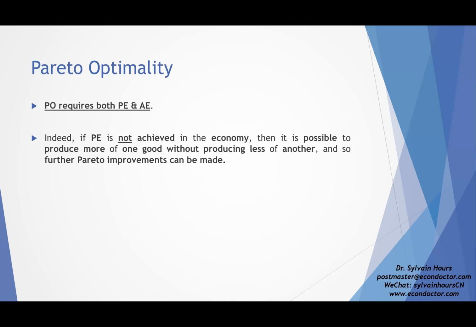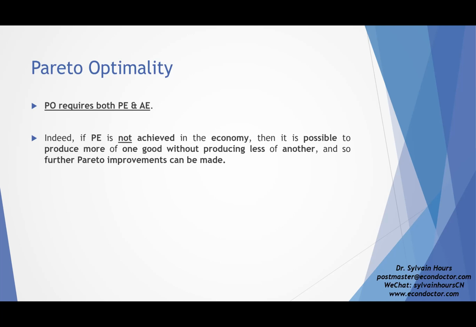Allocative efficiency. If you do not have allocative efficiency, this means that you have not maximized total surplus. Think about the total surplus as a big cake. If you are allocatively inefficient, this means that you have not produced the biggest possible cake. So you could produce a bigger cake and give more to someone.